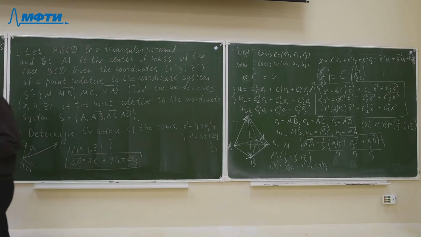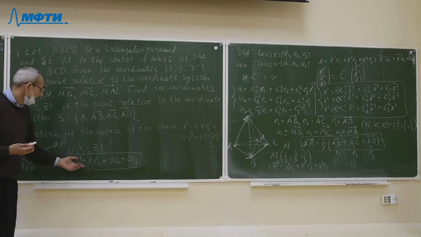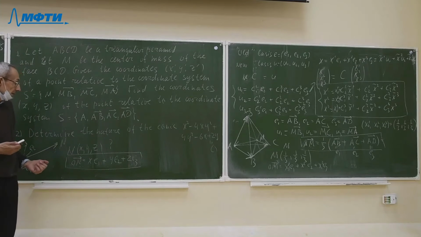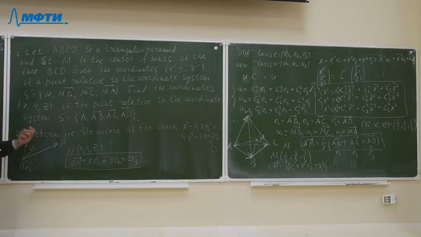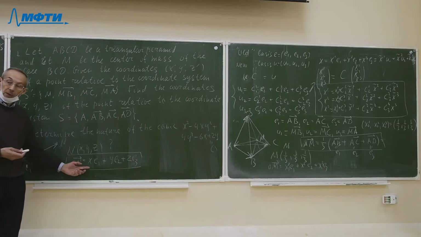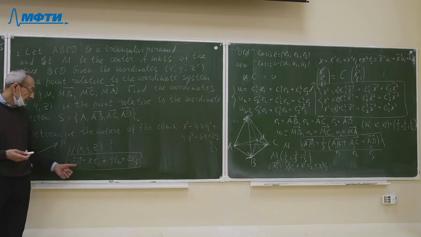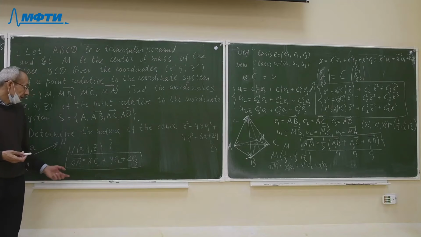What does basis mean? By definition, a basis is such a set of vectors that any vector in the vector space can be uniquely decomposed and uniquely presented as a linear combination of these vectors. For any vector there exists a unique such presentation with uniquely defined coefficients.